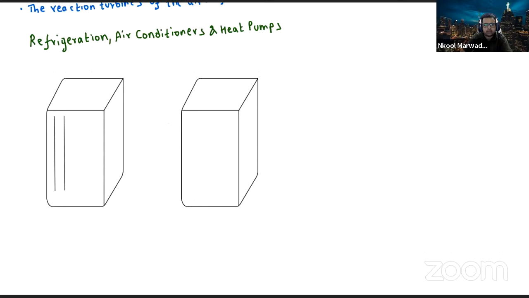But in the refrigerator it is so easily visible. Every fridge you take, at its back, there is something like this, strips out there. Just making a rough sketch.